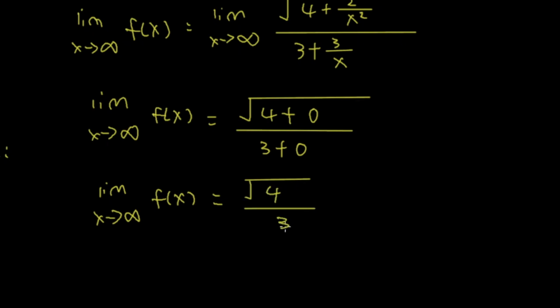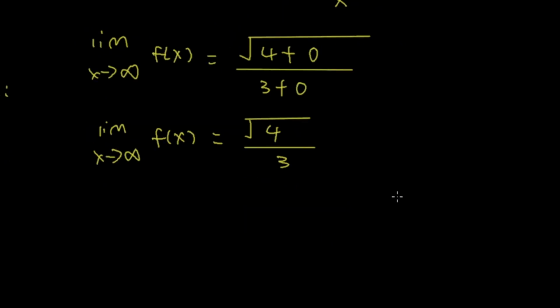divided by 3. Now, when you take the square root, you have a positive and negative value. So the limit as x approaches infinity of f at x is equal to positive or negative 2 divided by 3. Okay, so what does that mean?